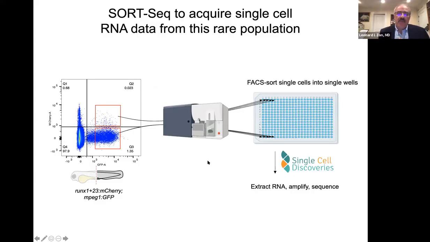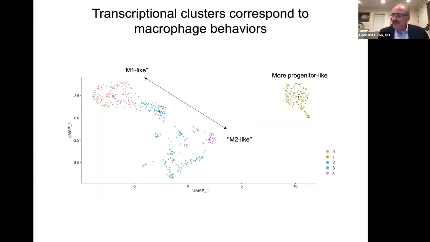So we wanted to understand this a little bit better, and we used a technique called sort-seq, where you actually deposit an individual macrophage in a well, and you're able to actually sequence that particular well. By doing this, you can understand the diversity of the populations of macrophages that are being uncovered. So we're able to see M1-like and M2-like macrophages, and even a progenitor-like population.